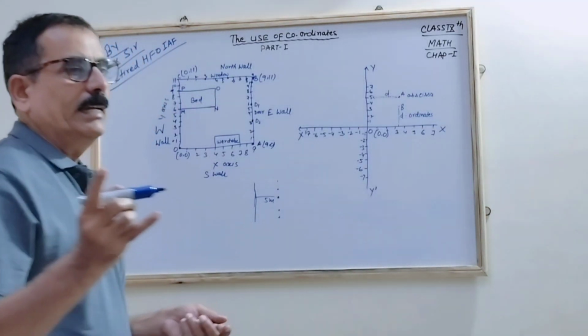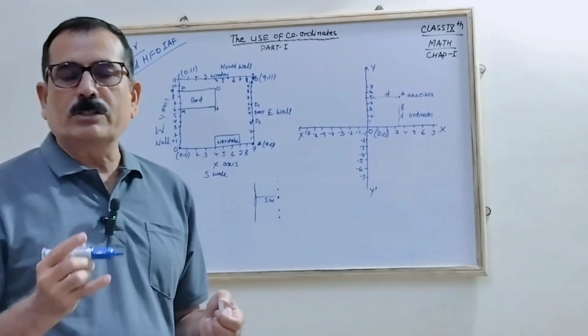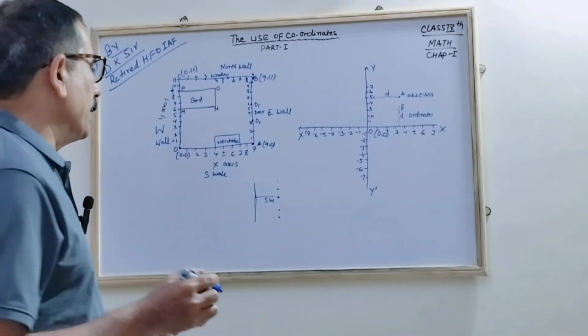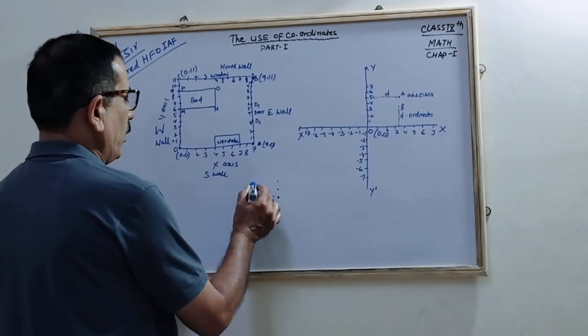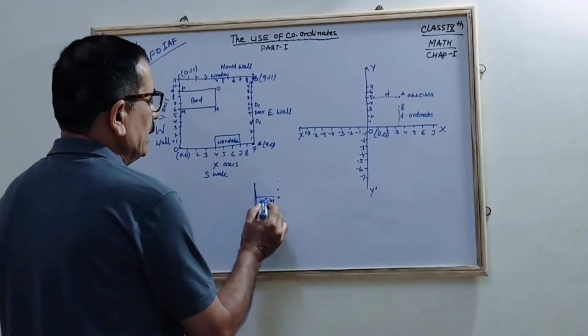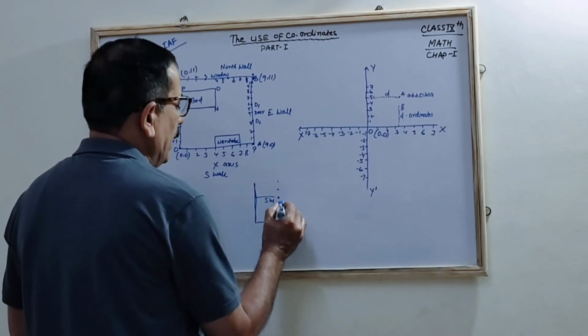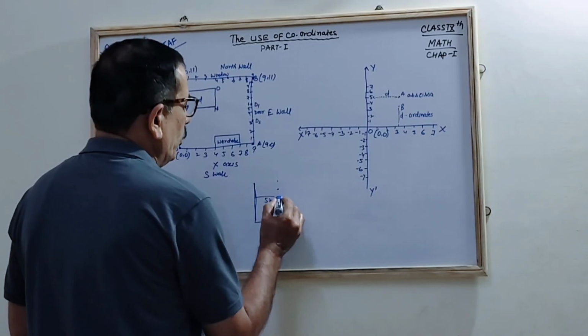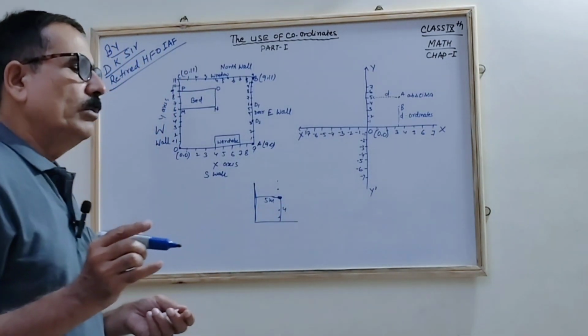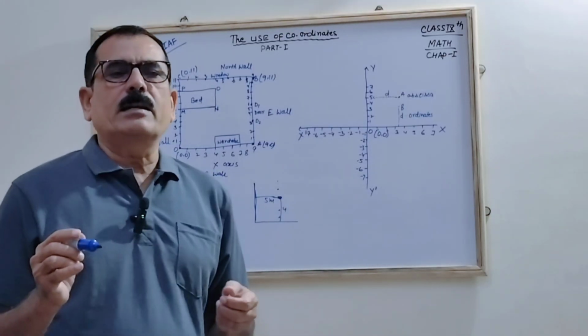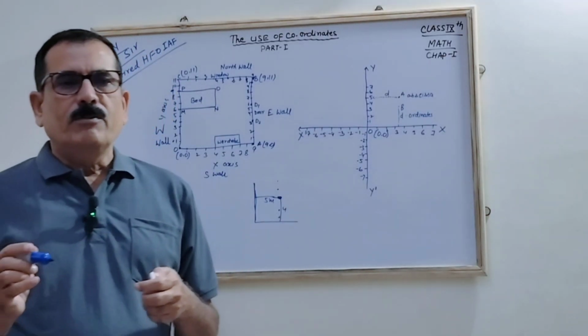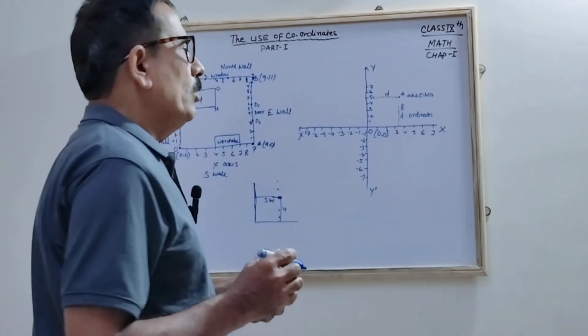The exact location you can't find out because of only one reference point. But if I say from this reference line it is 5 meters, and from this reference line it is 4 meters, you will come across this point, correct? So to have the location at one exact point, we require two references.